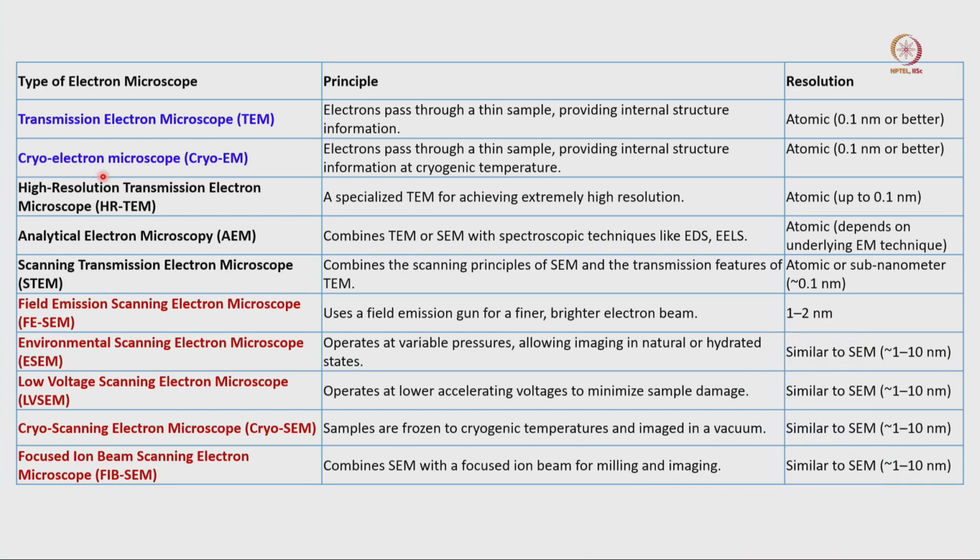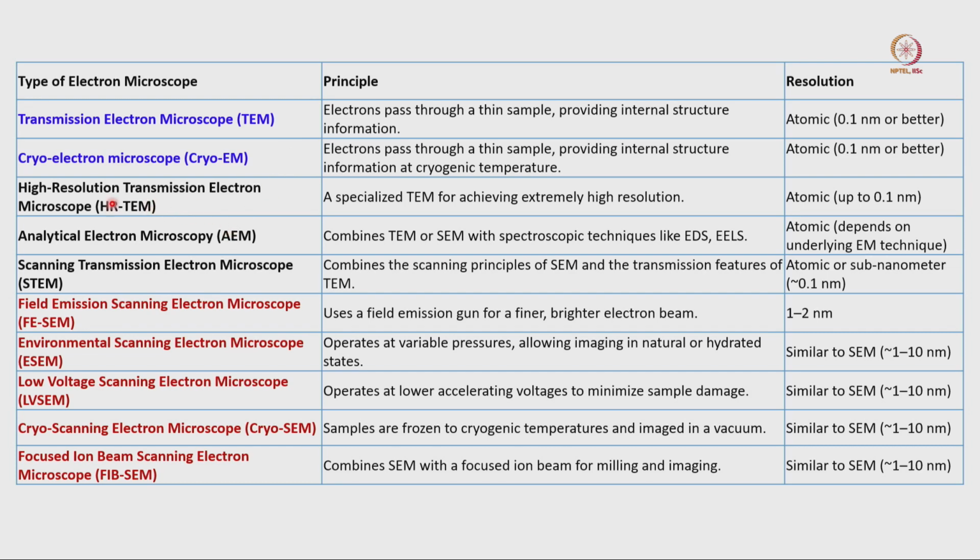Cryo-electron microscope is again the same transmission electron microscope, where the electron beam is transmitted through the sample, but it is operating at cryogenic temperature. That is the reason it is called the cryo-electron microscope. Both the cryo-electron microscope and the transmission electron microscope we can use for imaging of any biological samples.